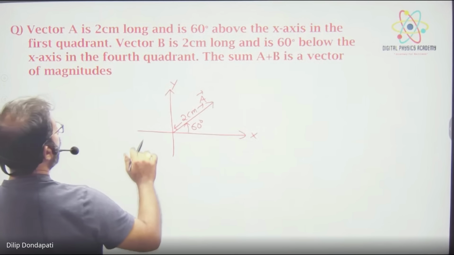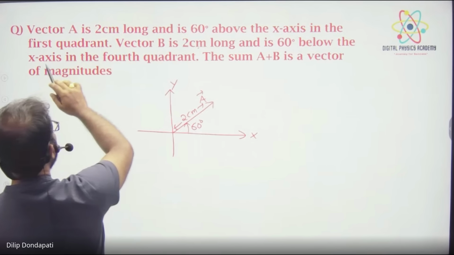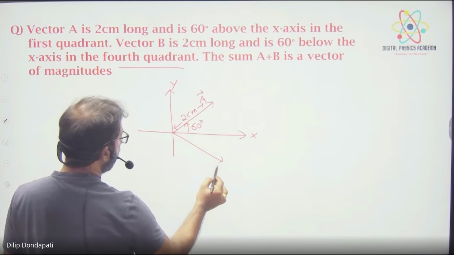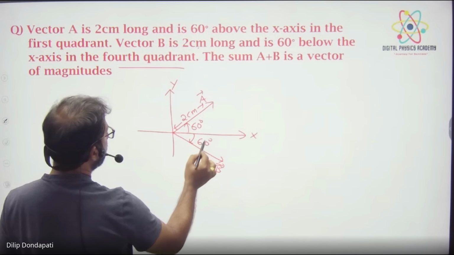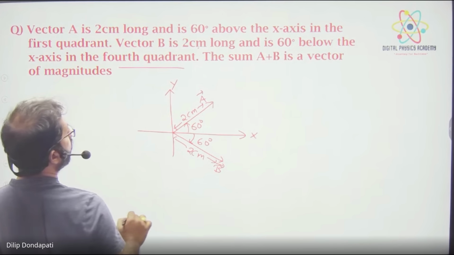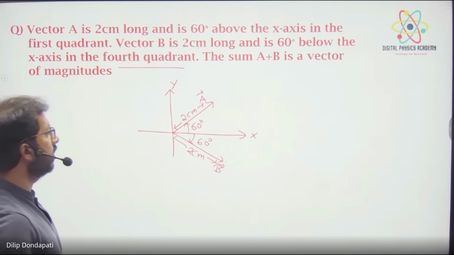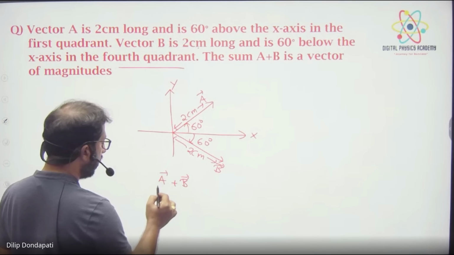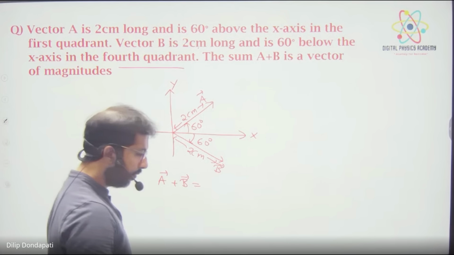Vector B is 2 centimeters long and 60 degrees below the x-axis, in the fourth quadrant. He is asking for the magnitude of the vector A plus B. After finding A plus B, then find the magnitude. Try it.